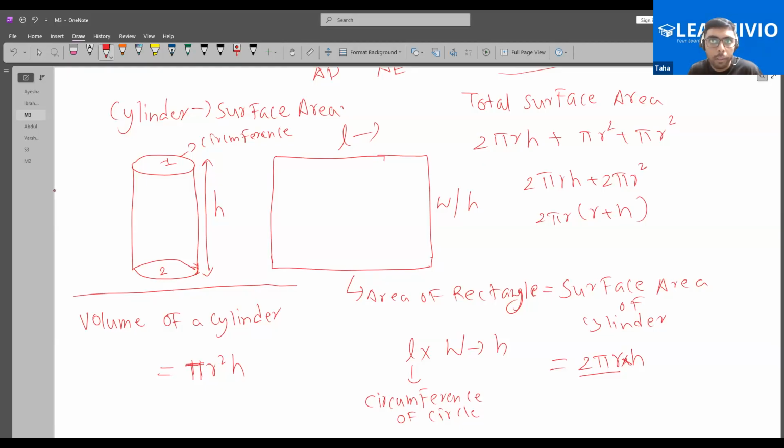Over here when we were calculating total surface area, we were considering two different circles, right? We were considering circle 1 separately, circle 2 separately too. And this is the confusion that happens a lot of times: should we take the area of the circle twice, or should we take it once?